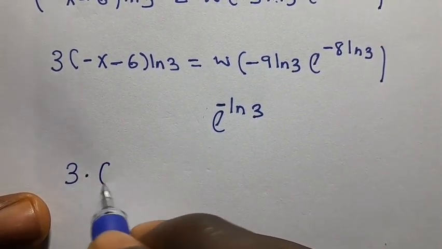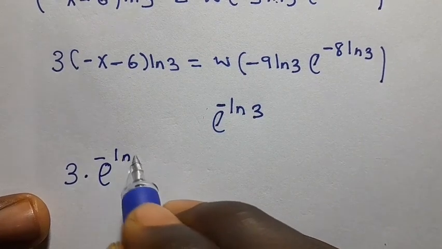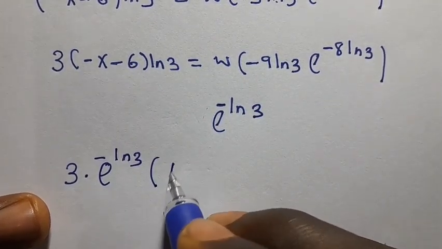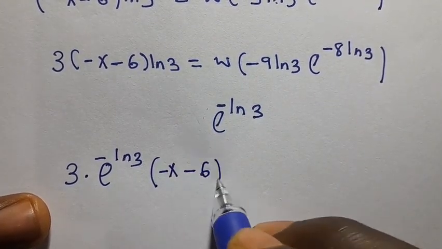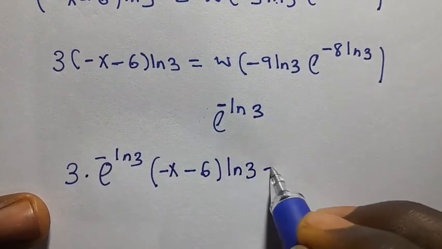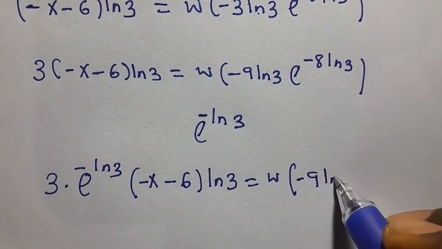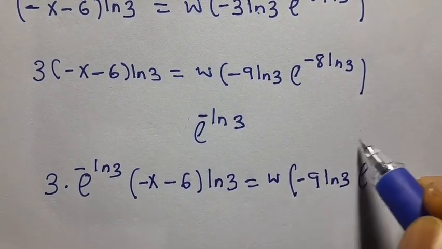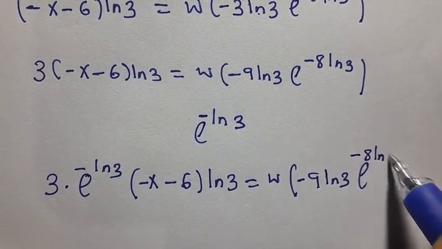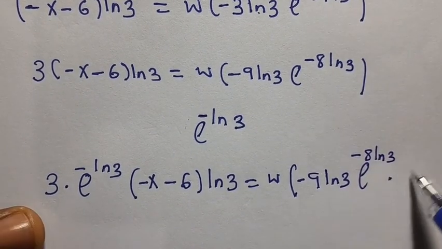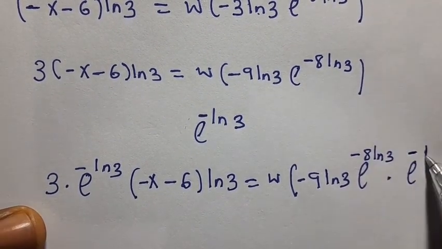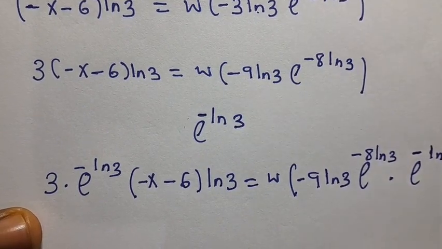Then we have dot minus exponential ln 3. Then we have minus x minus 6 ln 3. This one will now be equals minus 9 ln 3 minus 8 ln 3 dot minus 1 ln 3.